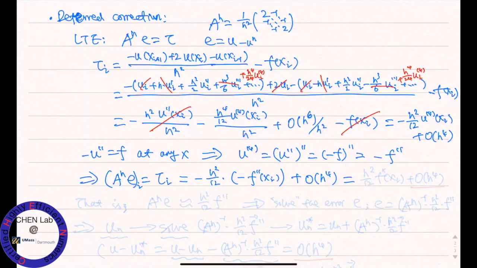Which is simply h squared over 12 f double prime at xi plus order h to the fourth.